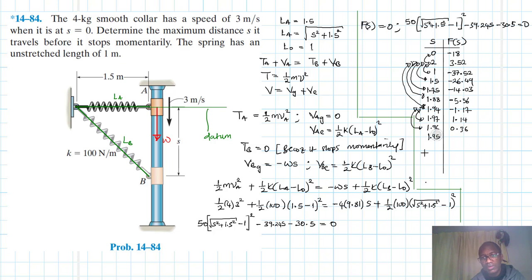Okay, 1.95. Let's check what we have. 1.95. So we do have a minus 0.41. So we don't have any value now. It will mean, of course, the solution just lies between 1.96 and 1.95.